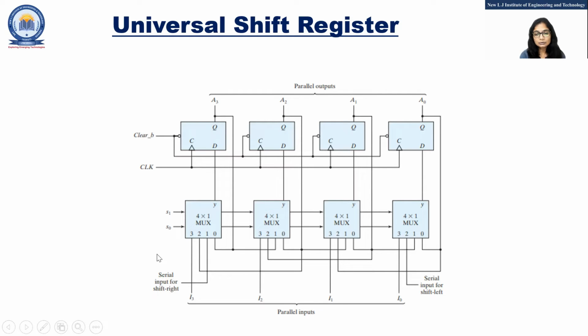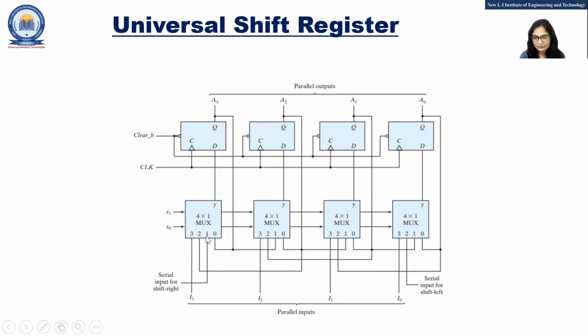Suppose I want to store the data right side. So what I will do, you can see here serial input for shift right. This data I am applying to this second line. Now I want to select this line. That's why I will give LSB equal to 1. I mean S0 will be 1 and this will be 0.